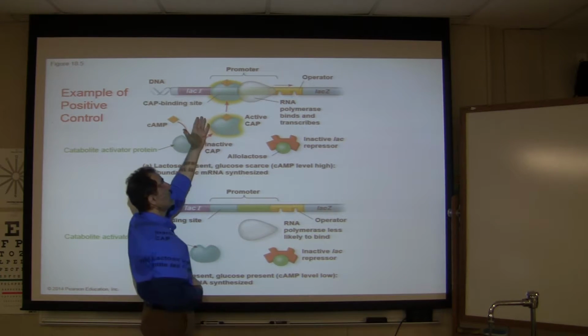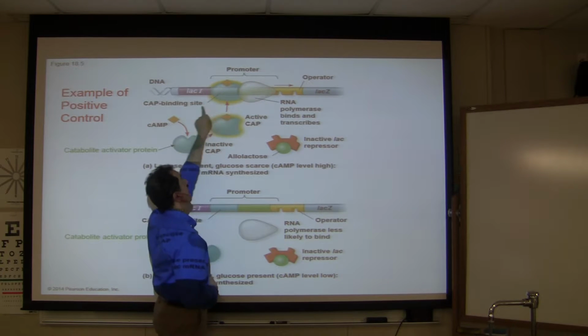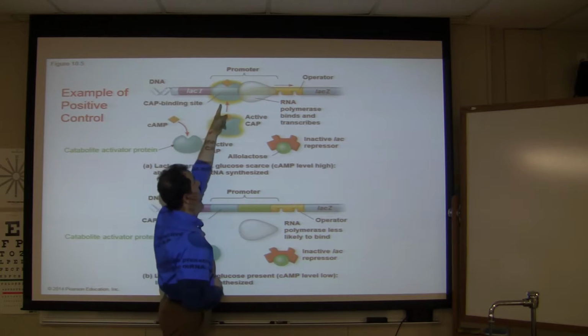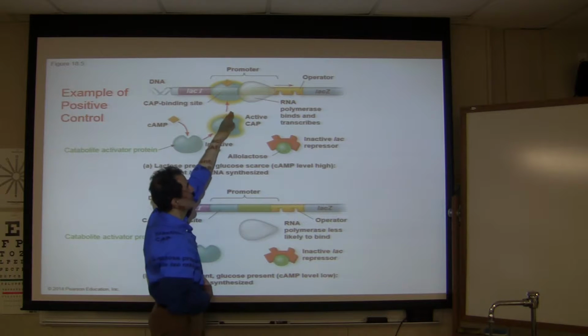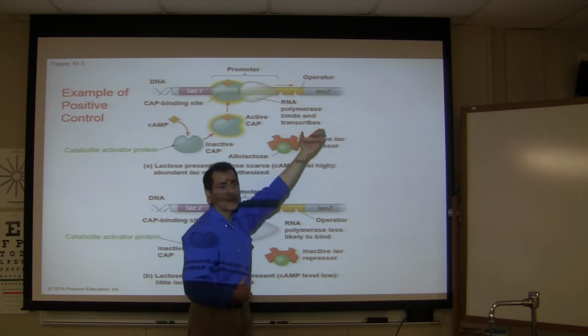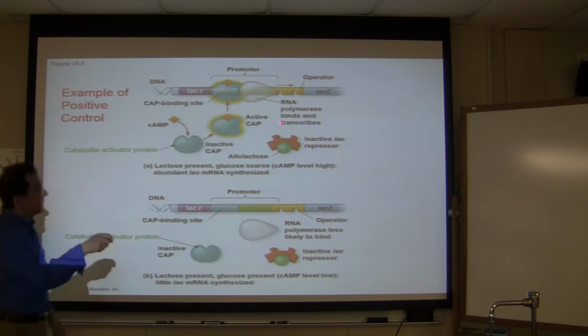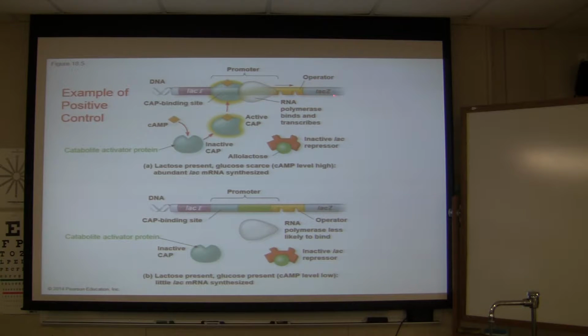When it becomes active, it attaches to the DNA, right here, the CAP binding site on DNA, and then of course the RNA polymerase becomes active, moves along the operator, and makes those protein molecules from lacZ, lacY and lacA. That is in the case where there is a scarce amount of glucose in the cell.